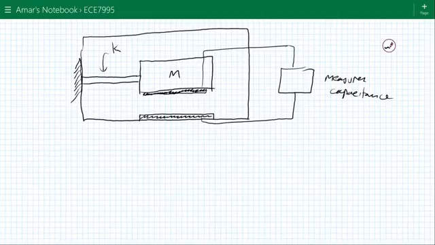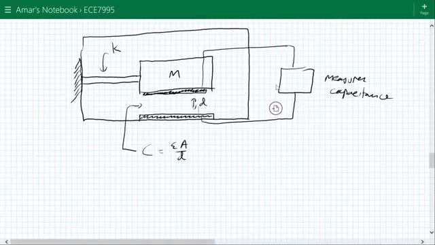What's going to happen to the capacitance here? Capacitance is equal to epsilon A divided by D. This is the distance D, the distance between the plates. Now, let's say we take this whole mass and subject that to an acceleration.